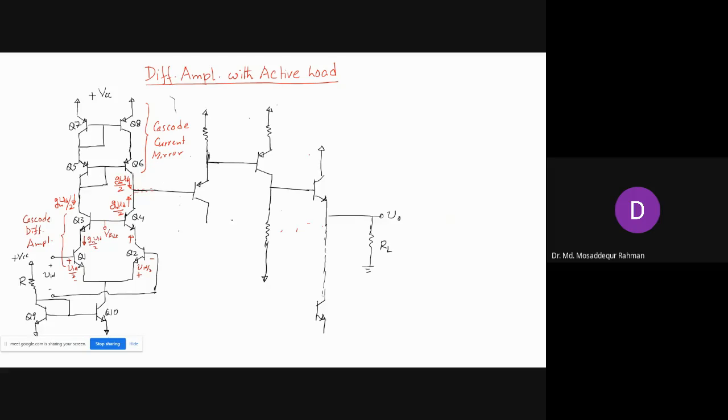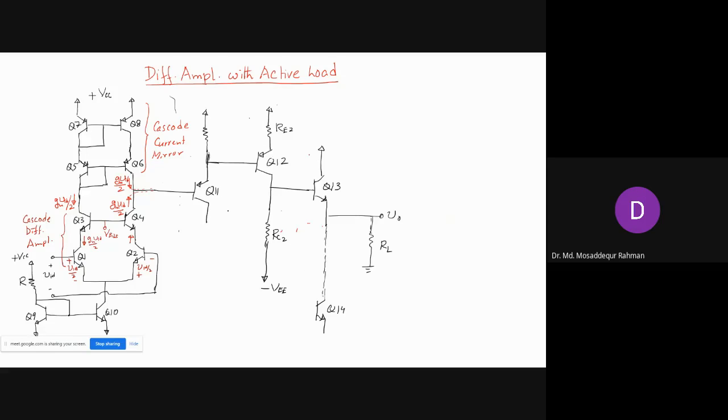Okay, so let's say this is our Q10, let's say Q11, Q12, Q13. So what's this stage, this Q12?